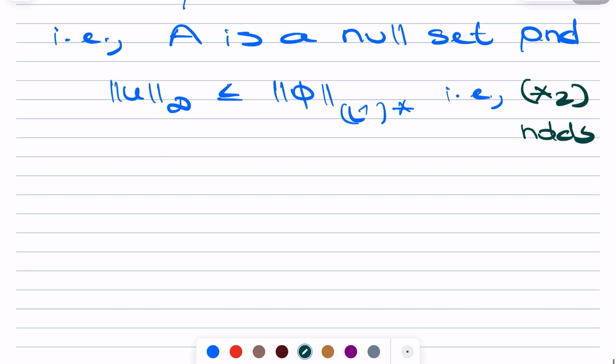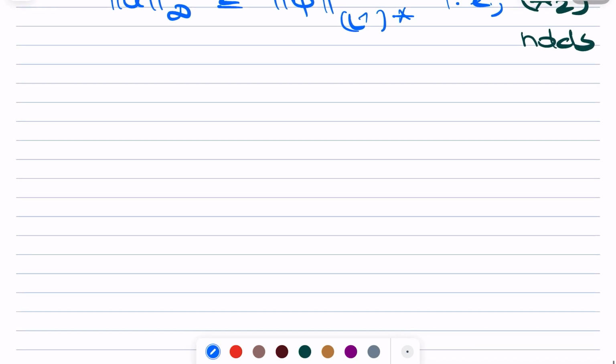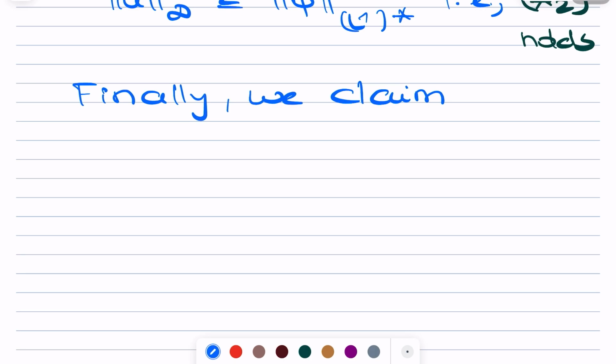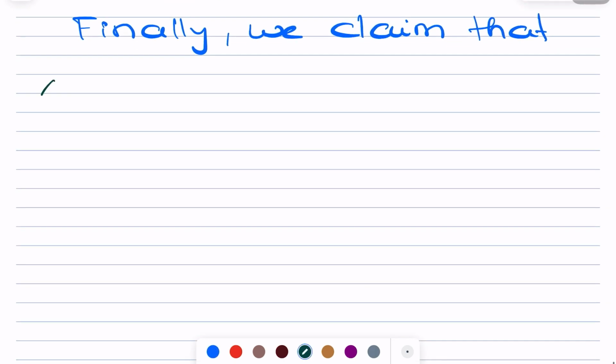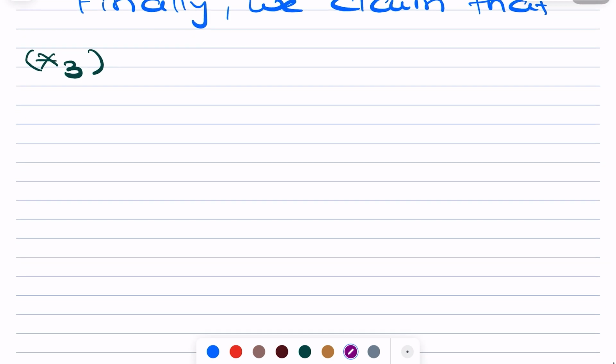So finally, we claim that, call it star 3, finally we claim that phi comma h, the dual pairing, is equal to this for every h in L1 of omega.